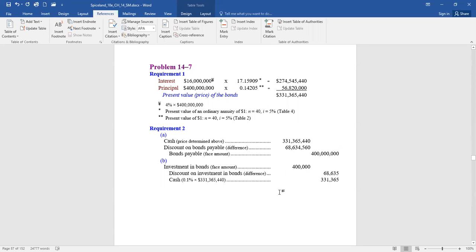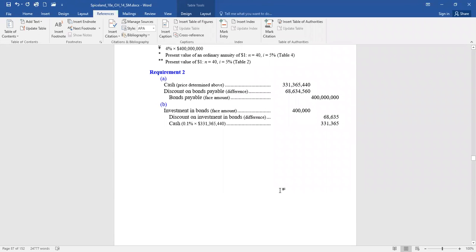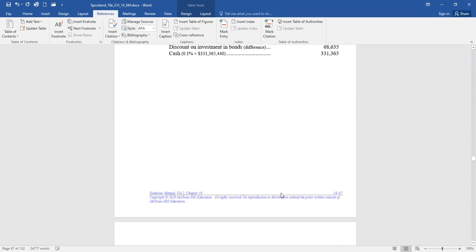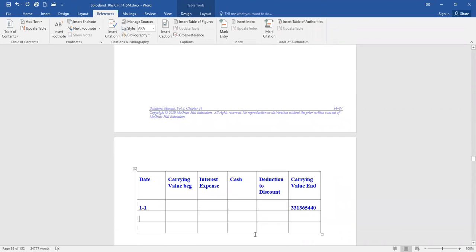We're just showing you how we calculate the amount you will take out of the discount on bonds payable and put into interest expense. So this will be our 6/30, our first interest payment date. So the carrying value is what is used, 331,365,440.